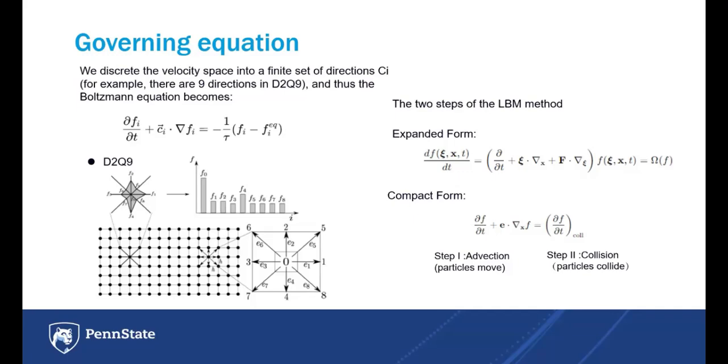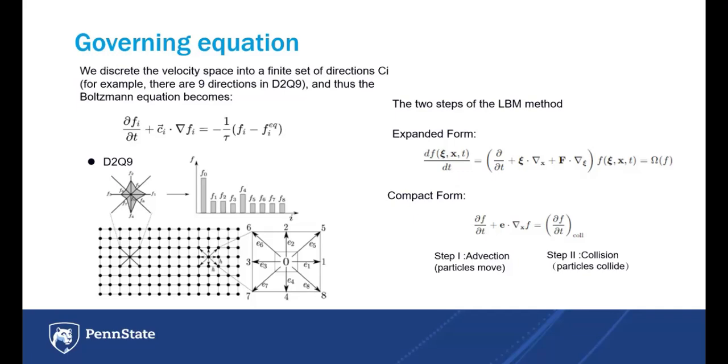In general, we refer to LBM lattices using the DnQm notation, where n is the number of spatial dimensions and m is the number of discrete velocities. Each node in the lattice, represented by black dots, isn't just one particle, but a whole population of particles moving in these discrete directions.